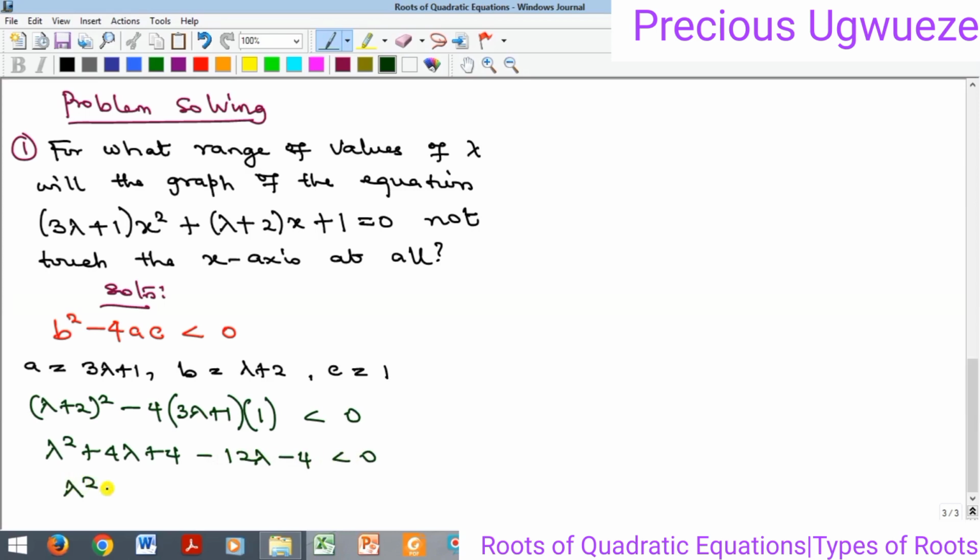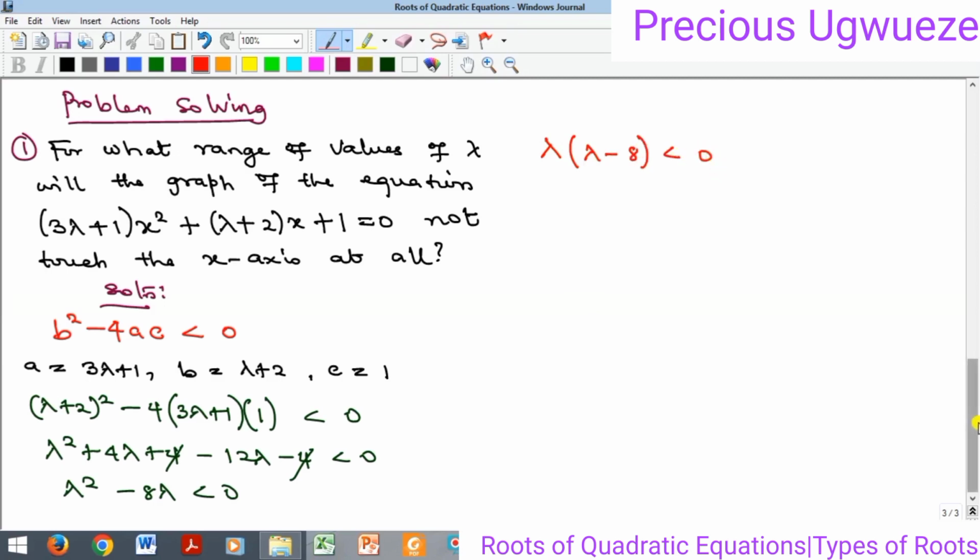We have lambda squared minus 8 lambda, and this is less than 0. So we try to simplify what we have by factorizing lambda. So we are going to have that lambda into lambda minus 8 is less than 0.